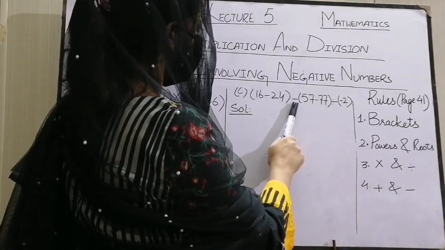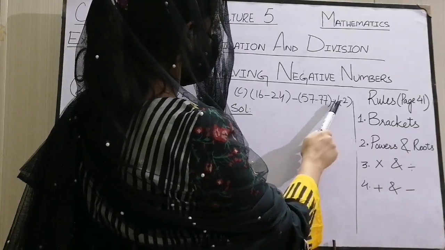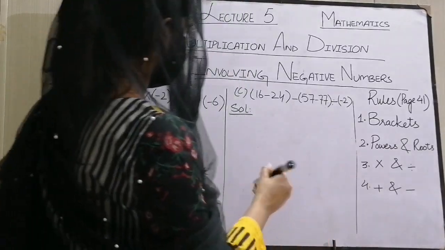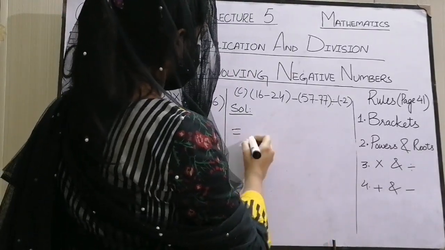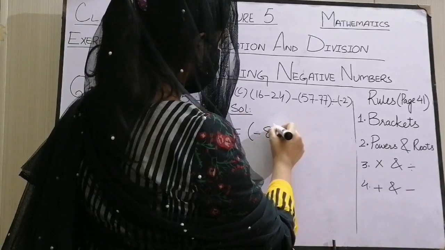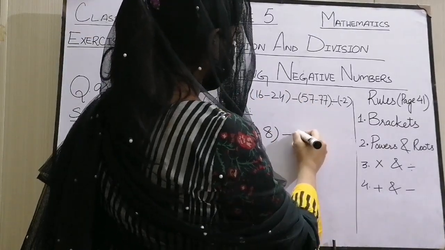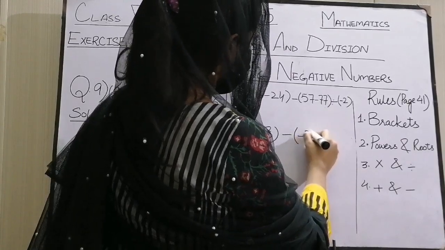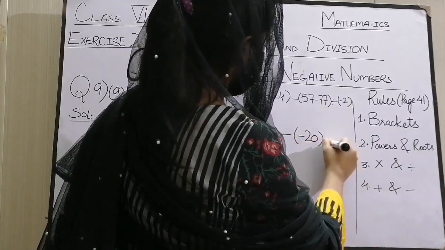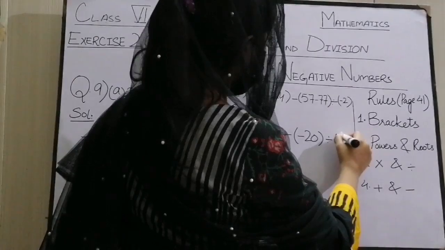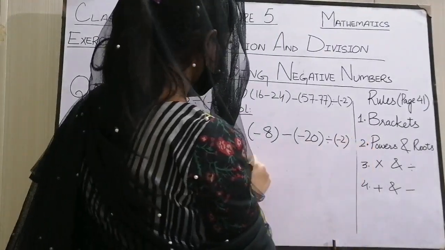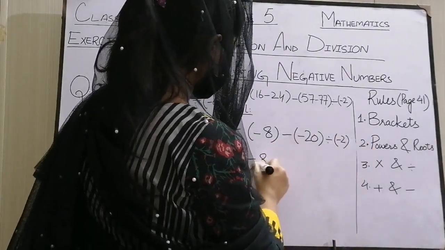16 minus 24 minus 57 minus 77 divided by minus 2. 16 minus 24 is minus 8. We are going from left to right. 57 minus 77 is minus 20 divided by minus 2. Solve this bracket.